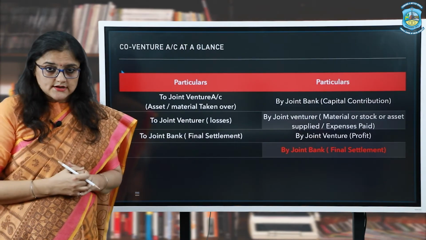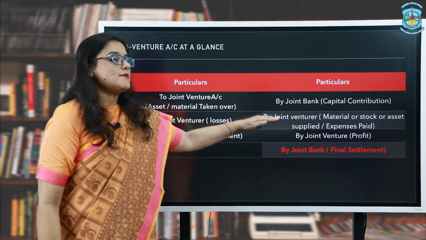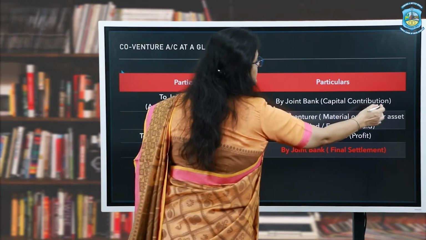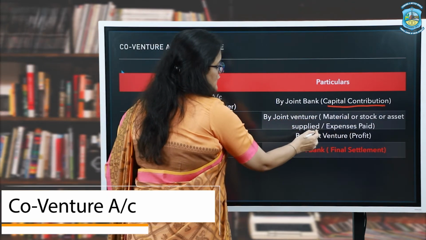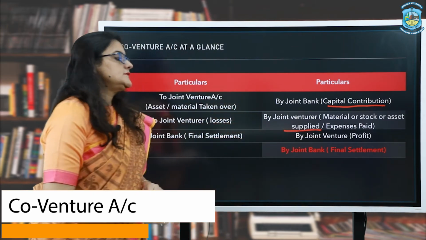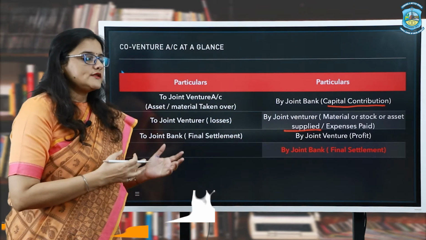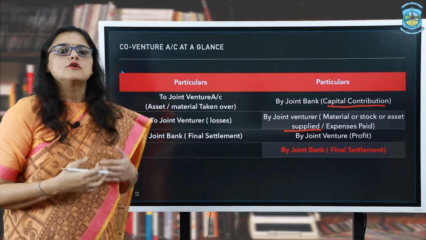Now the co-venturer's account is credited for all the capital contributions made by the partners. It is credited for all the supplies made by the co-venturers, either for the expenses or for material or for the assets.